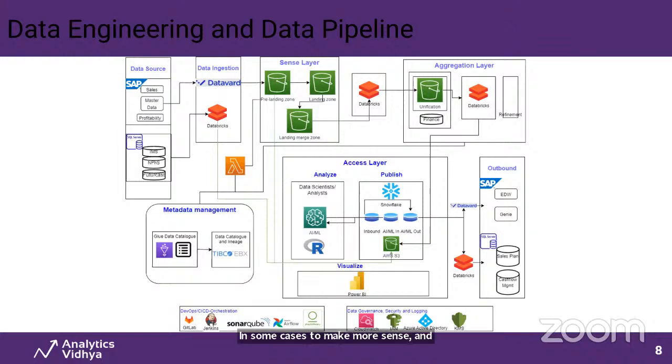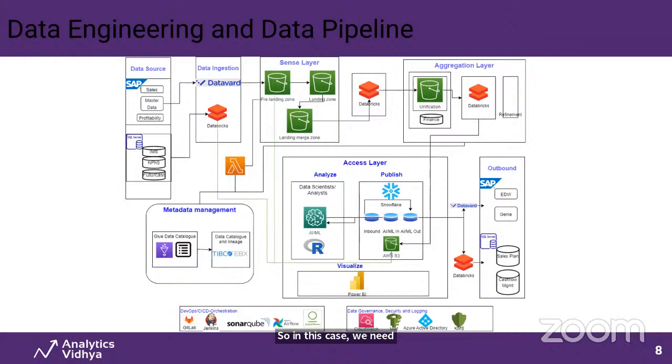Also, suppose we have some sales data coming from one data source, and marketing data coming from another source, and some other team is processing the marketing data, and we are handling the sales data. So in this case, we need these two data sets, right?